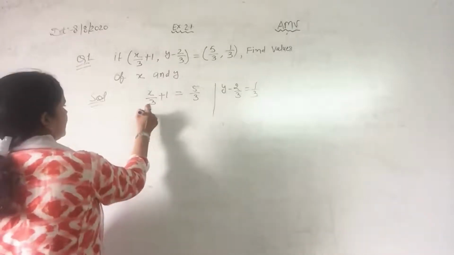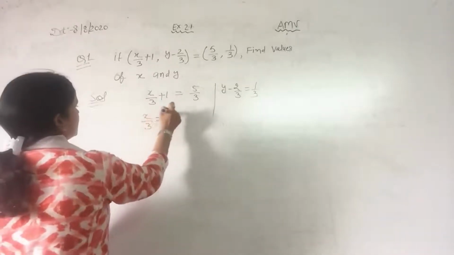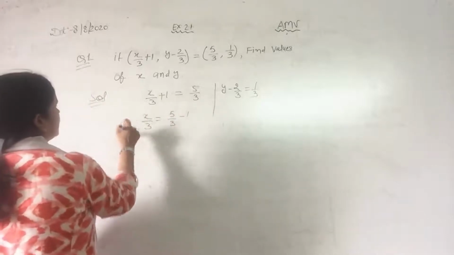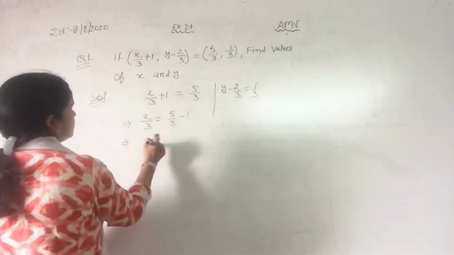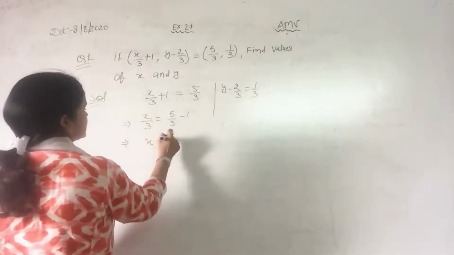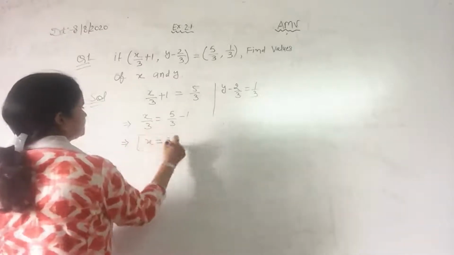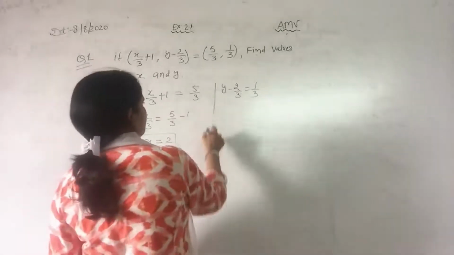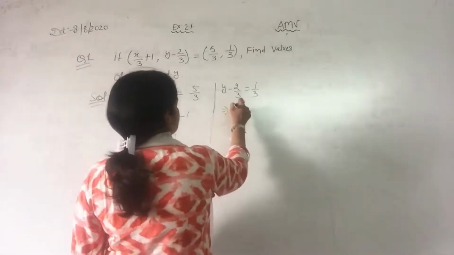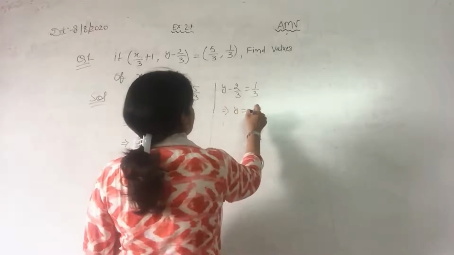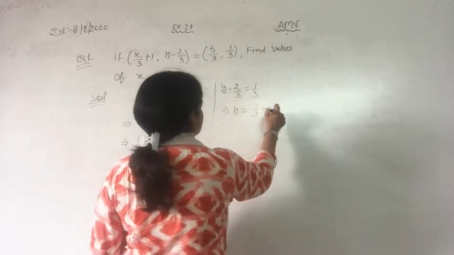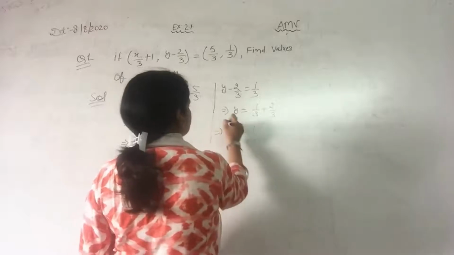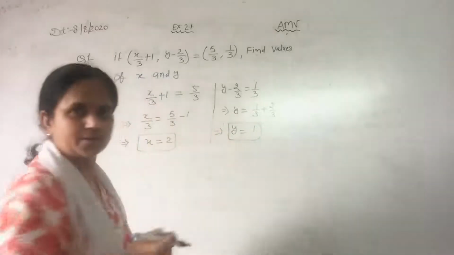You will find x/3 is equal to 5/3 minus 1, and from here you will get x/3 equal to 2/3, the 3 will cancel, so x is equal to 2. From here y is equal to 1/3 plus 2/3, so y is equal to 1. This is the answer.